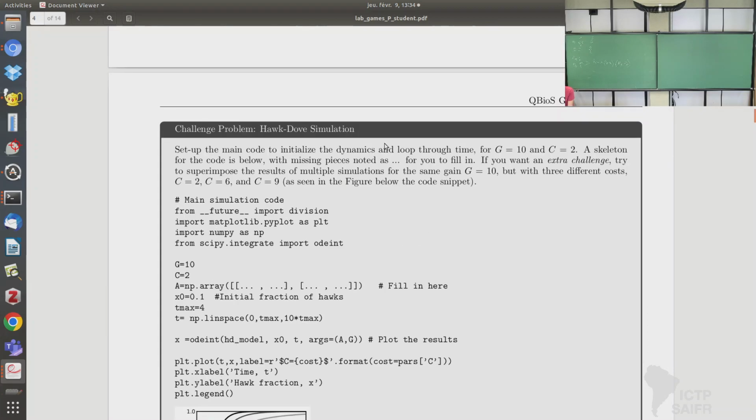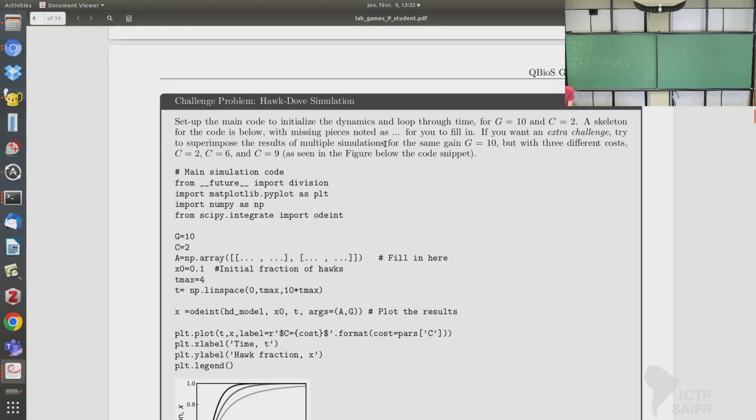So who's already done with section A? Okay. I will wait a couple more minutes for other people to finish as well, and then I'll give you the solution. In my own experience, the problems that emerge with this kind of code are either integration problems because of the syntax of the integrator you use, or sometimes you essentially transpose the matrix without realizing it.